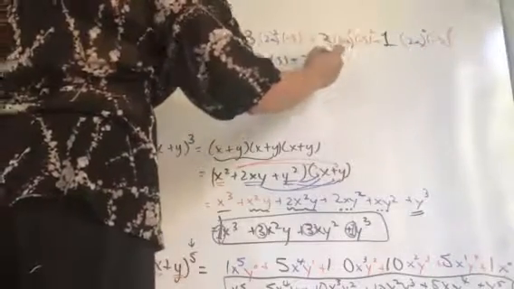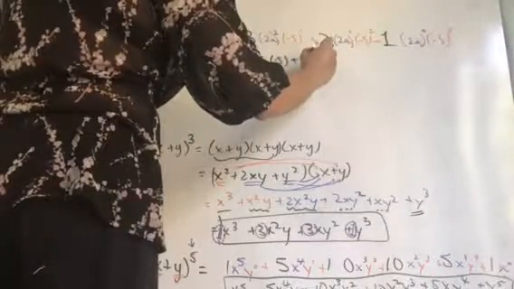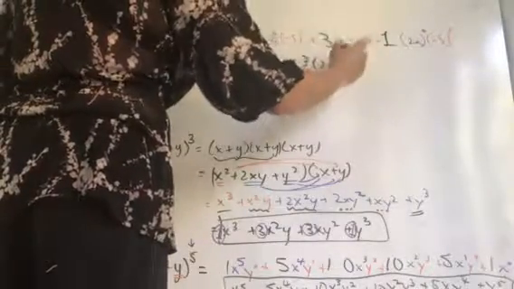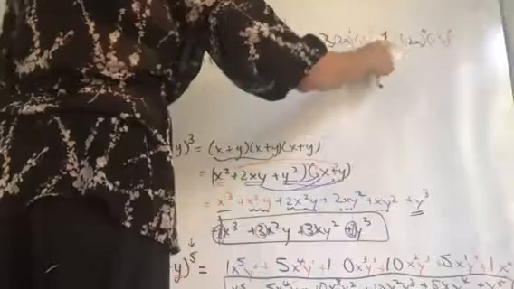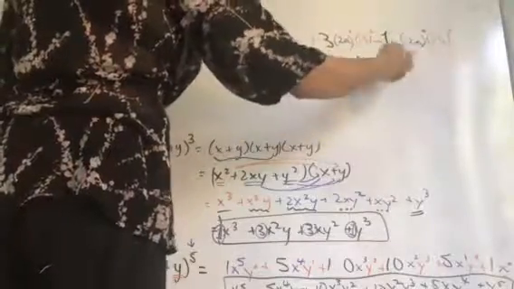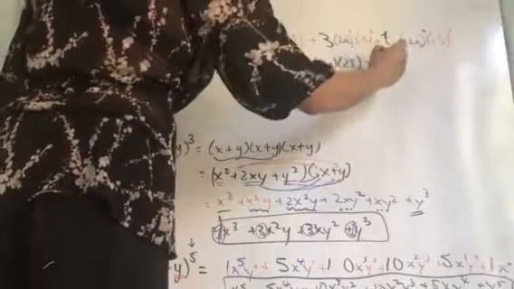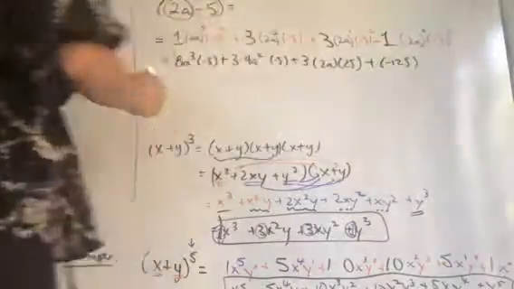Plus 3 times, well, I'll just hold off on that, just write 2a. And then negative 5 squared is 25. Plus 1 times 2a to the 0, which is 1. Anything to the 0 power is 1. So this is just 1. And then we get negative 125.